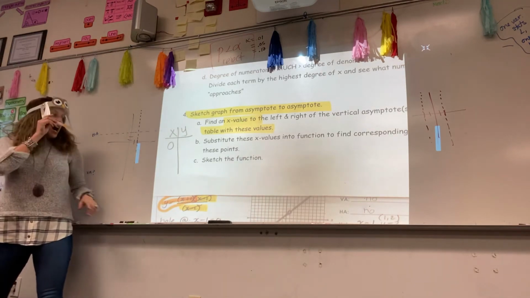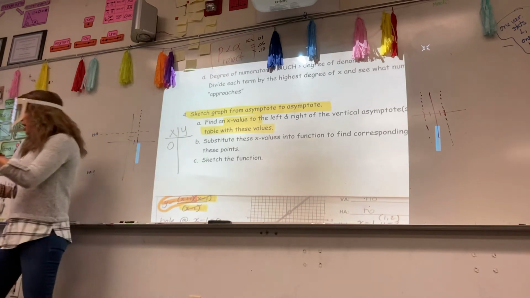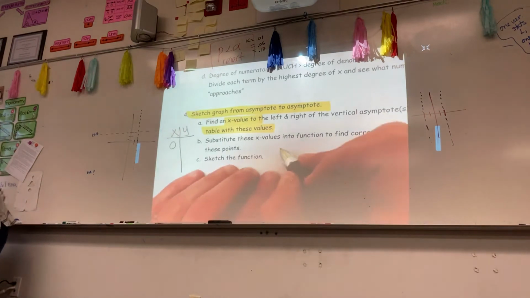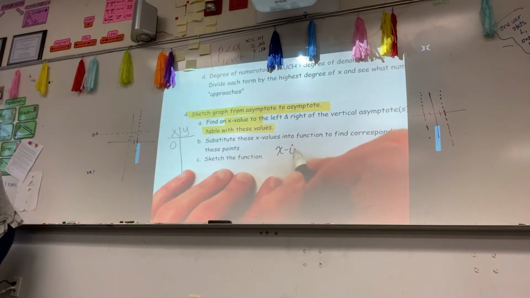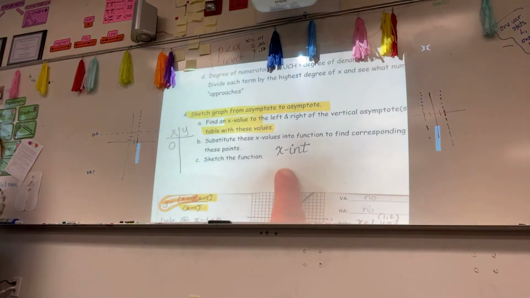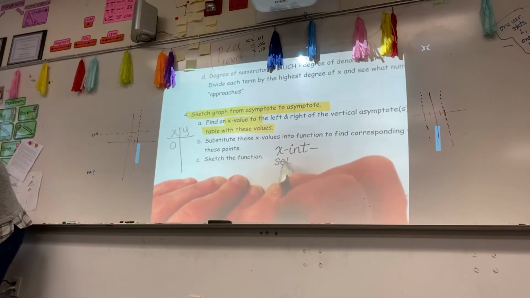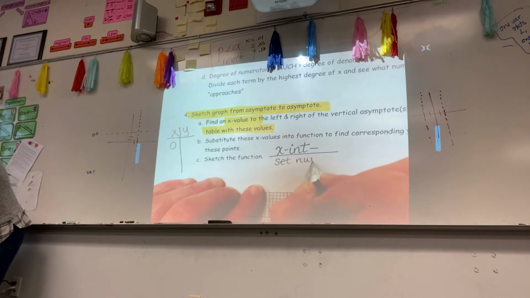The other way of finding a number, and this is new, this is not on mine but it's on your other paper, is to find your x-intercept. That's a point, right? The way to find this is to set your numerator equal to 0 and solve for x.